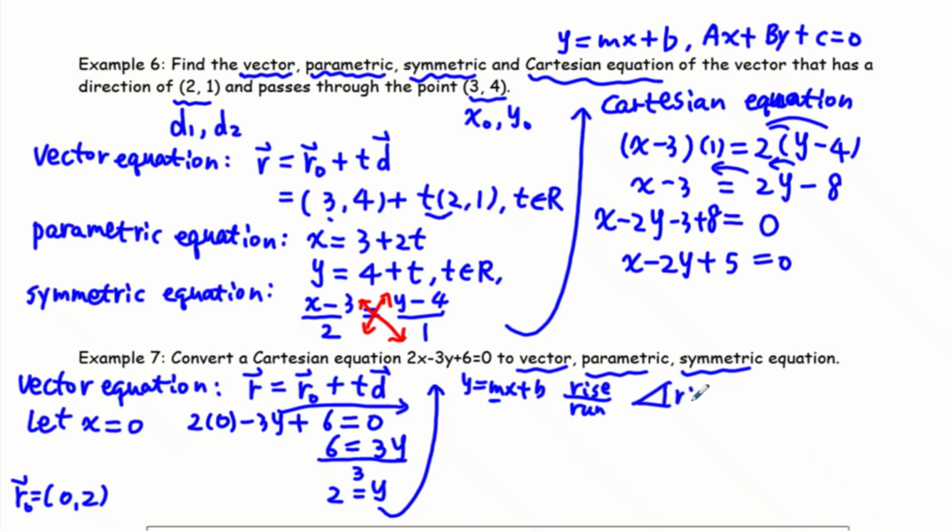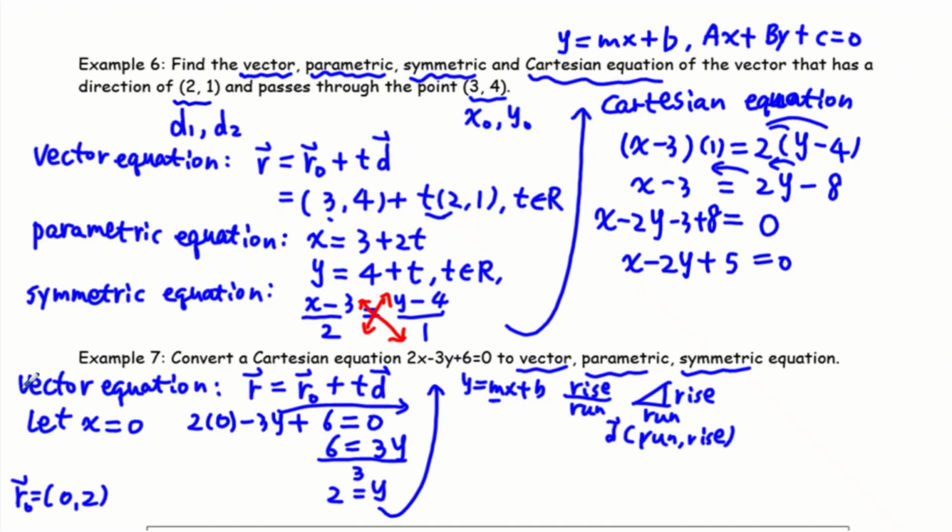So this is rise, this is run. Then the run comma rise is our direction vector. So this is what we want to use. Then we want to solve for y from this one.